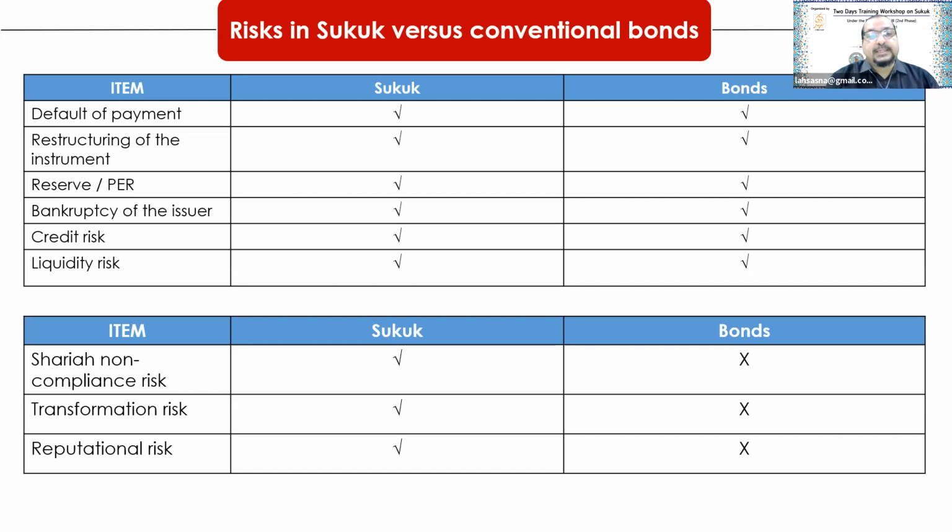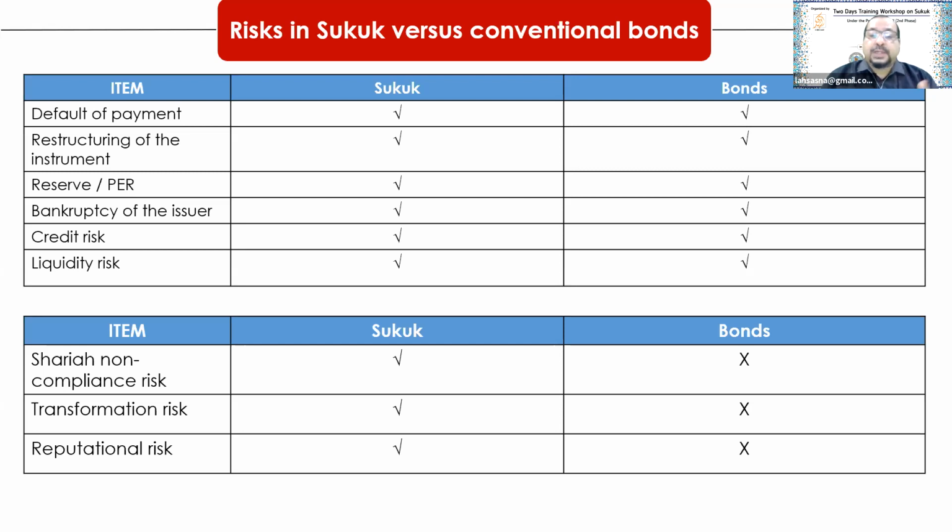But the issue of sukuk is that the obligation to pay doesn't come from the shareholder's pocket, but it comes from the joint venture of the sukuk portfolio, especially in the equity structure. This is why it has to be built within the joint venture. So this part is more unique to sukuk and it is not applicable to bond.